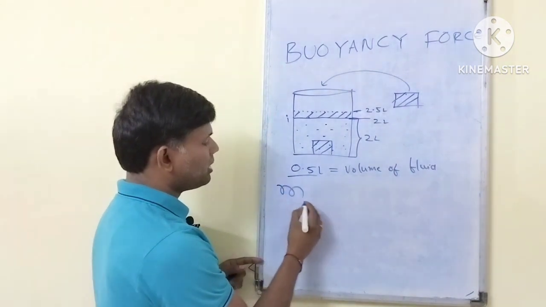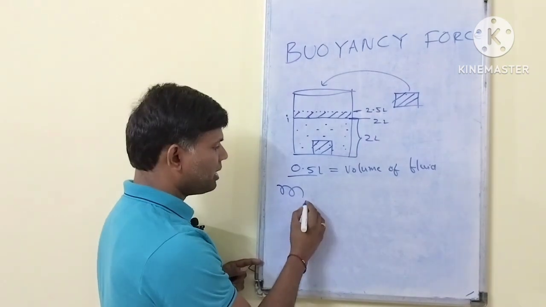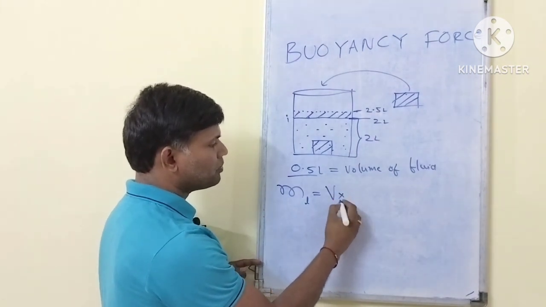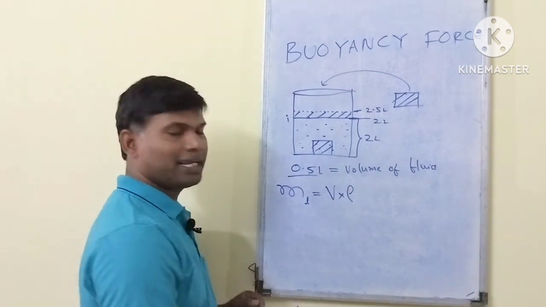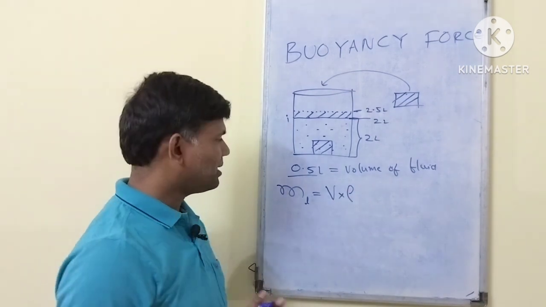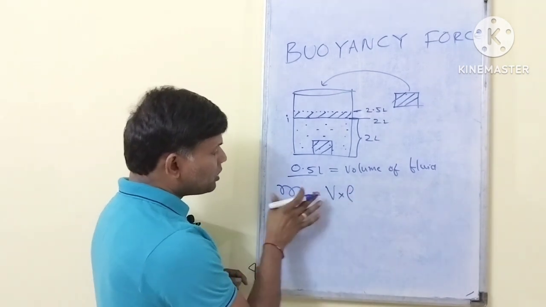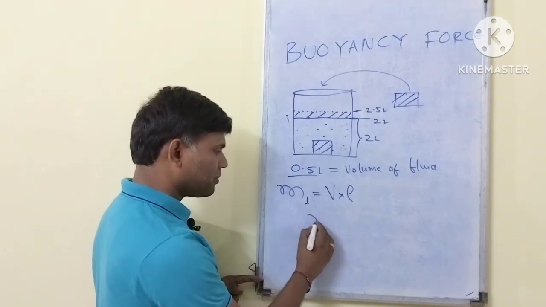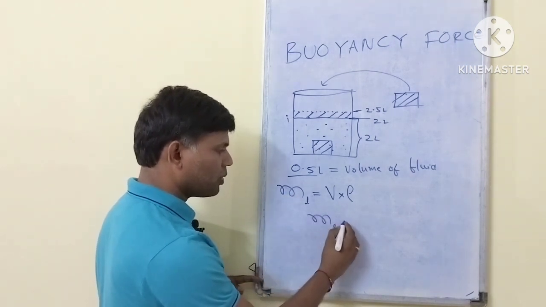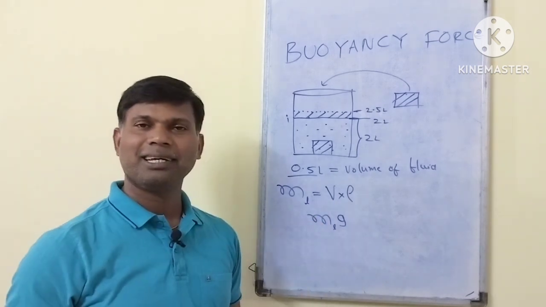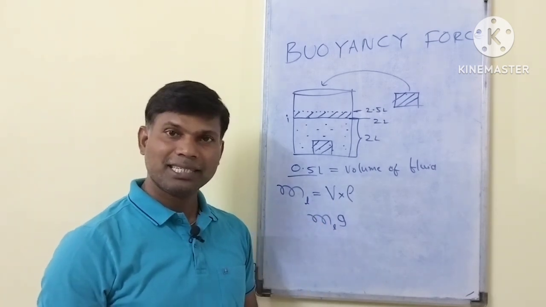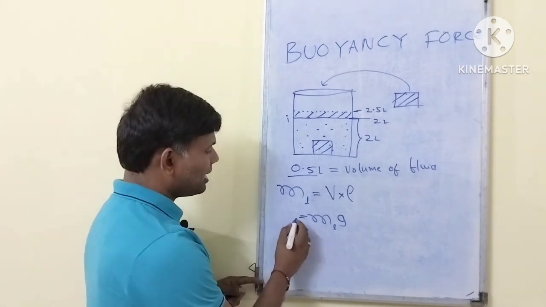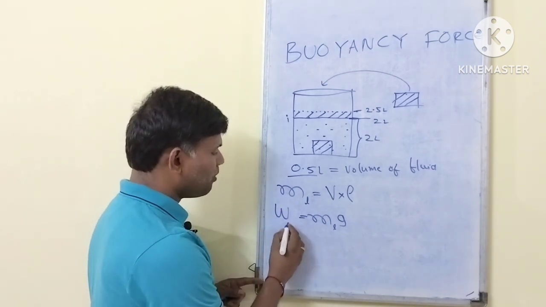The mass of the fluid or liquid, ML, is equal to this volume into the density of the fluid. So this mass of the fluid into g is the weight loss, WL, I am calling.